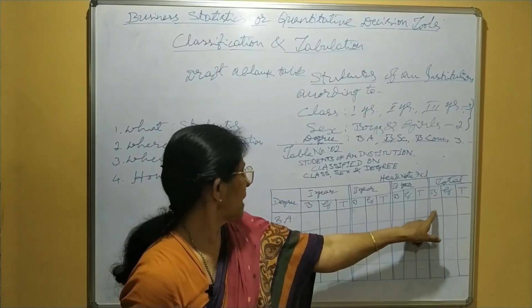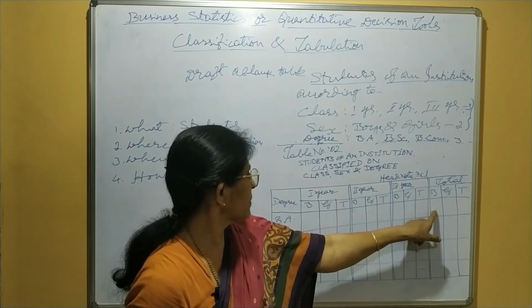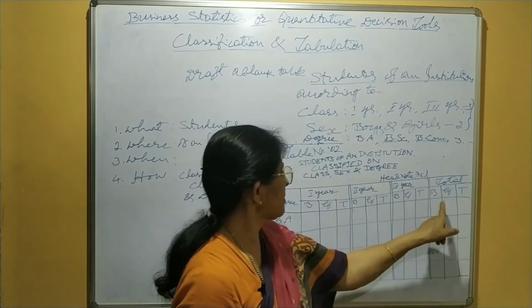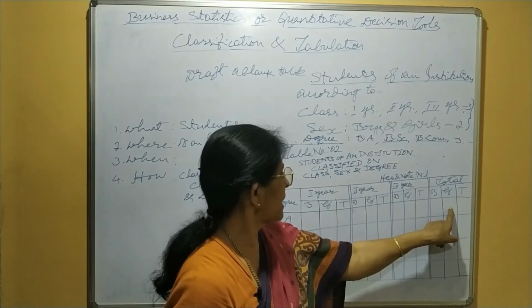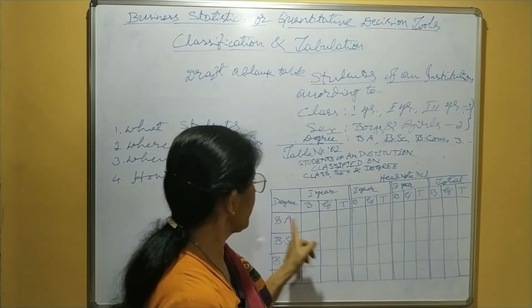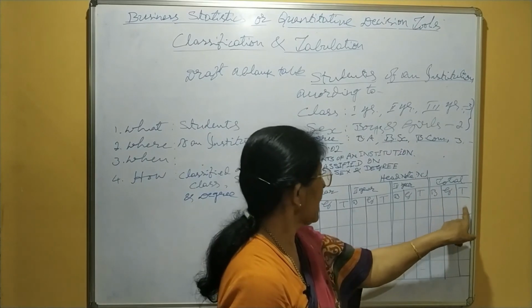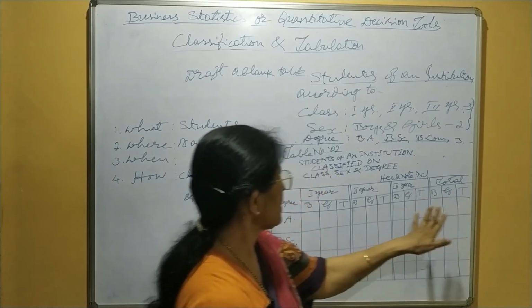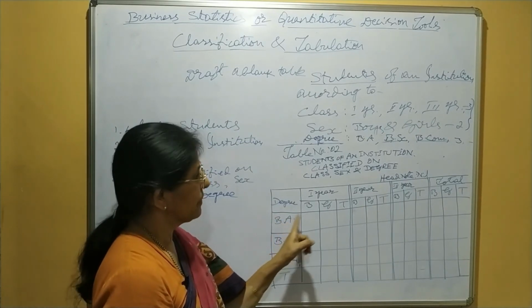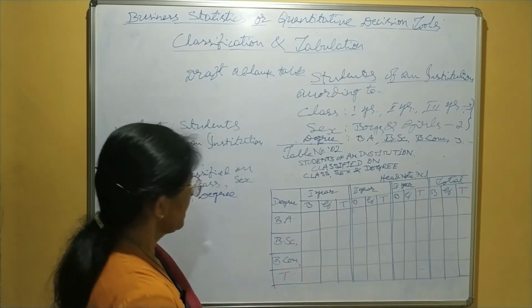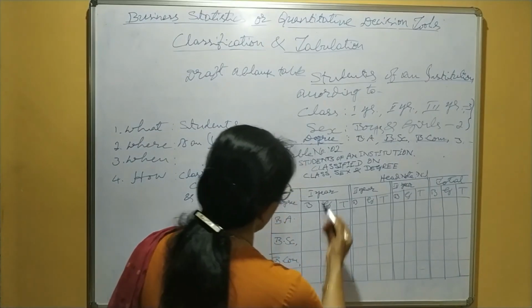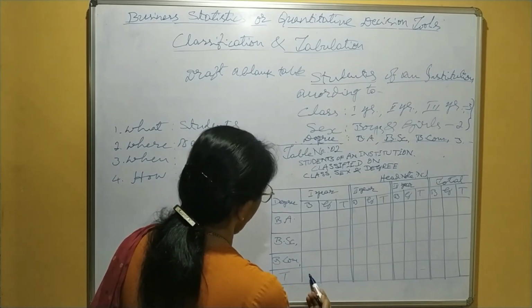Now, this cell gives us total boys in BA in all the 3 years, and this cell gives us the total number of girls in BA, means in all the 3 years, and this cell gives us the total strength of BA students in the institution.